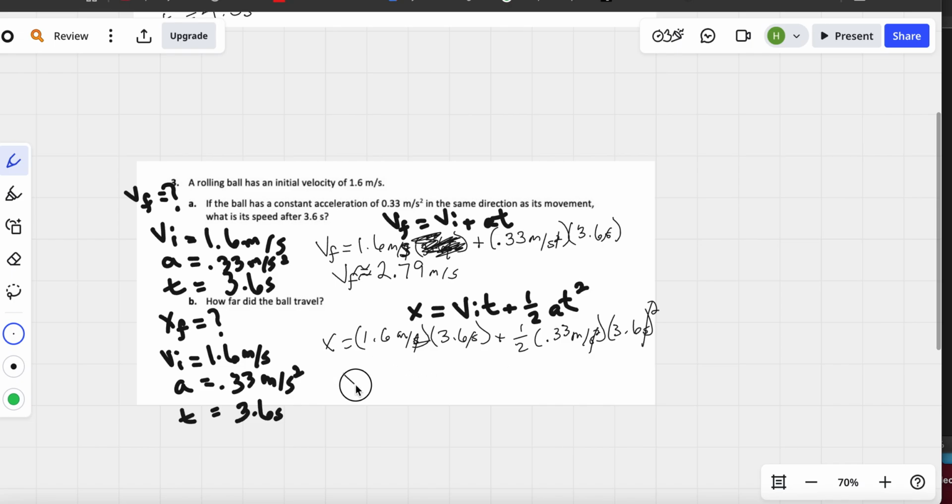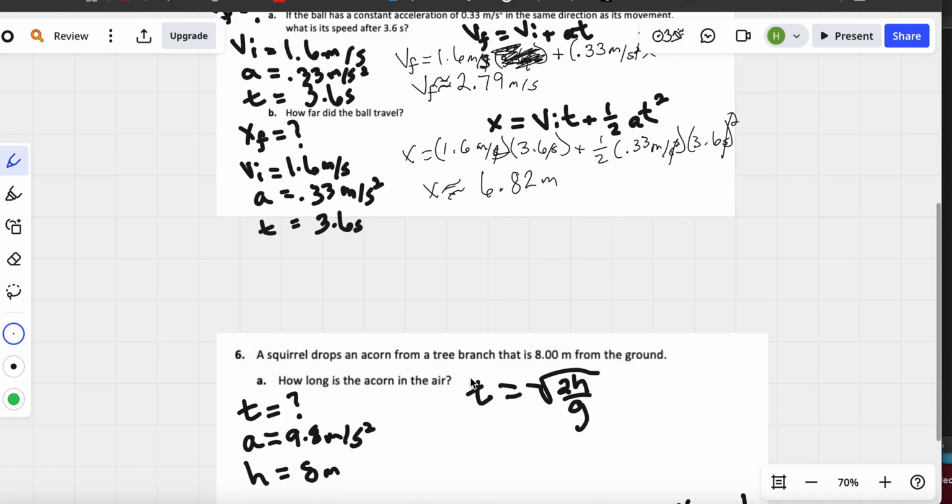When I do all that math, we have traveled just about 6.82 meters. Okay. There we go. And now let's move on to the last set.